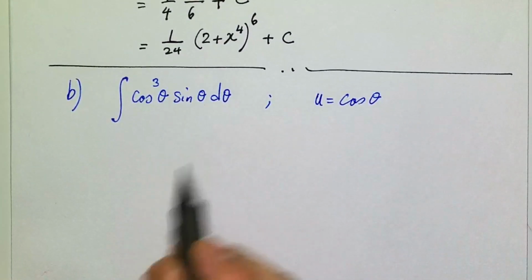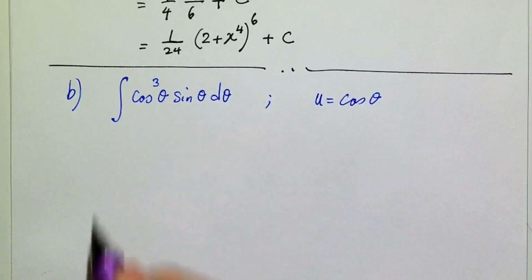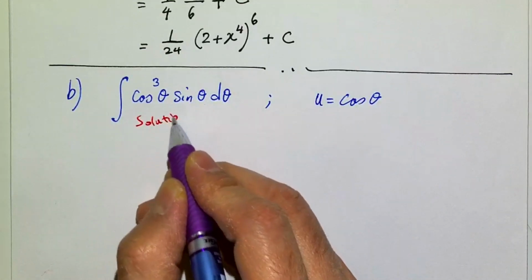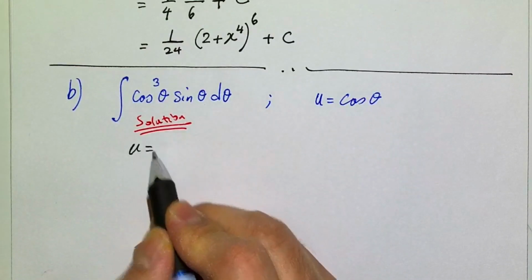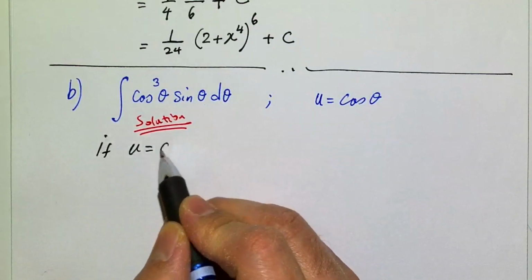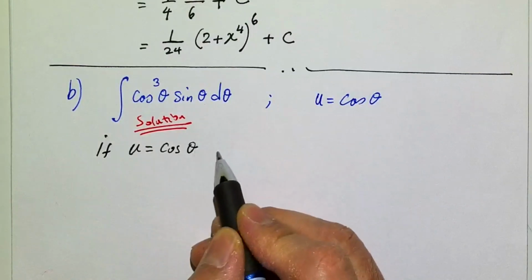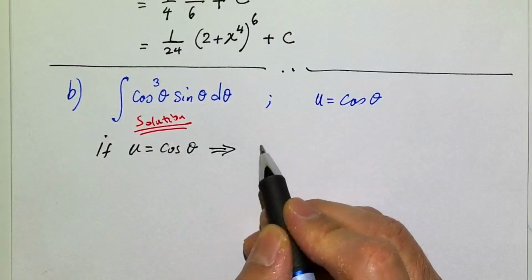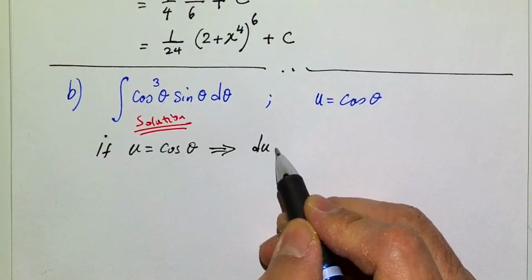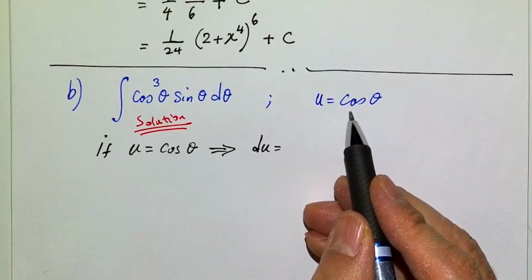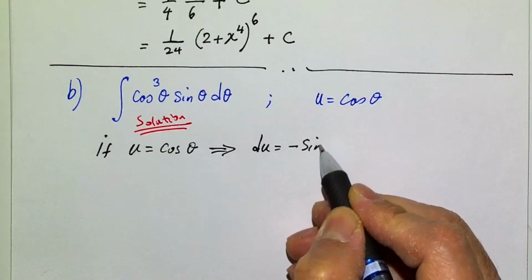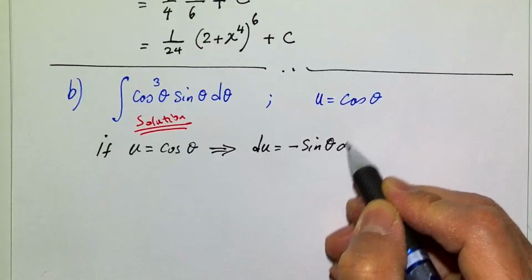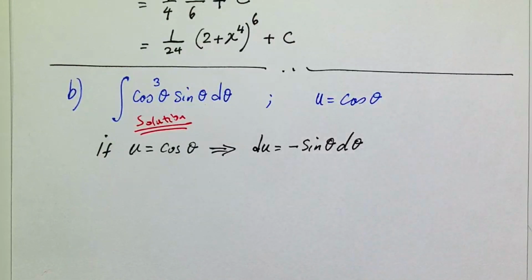Okay, so if that's the case, then we have, and this is the solution, if u equals cosine of theta, then du, right? We know how to take the derivative of cosine theta. It's minus sine theta, of course, d theta.